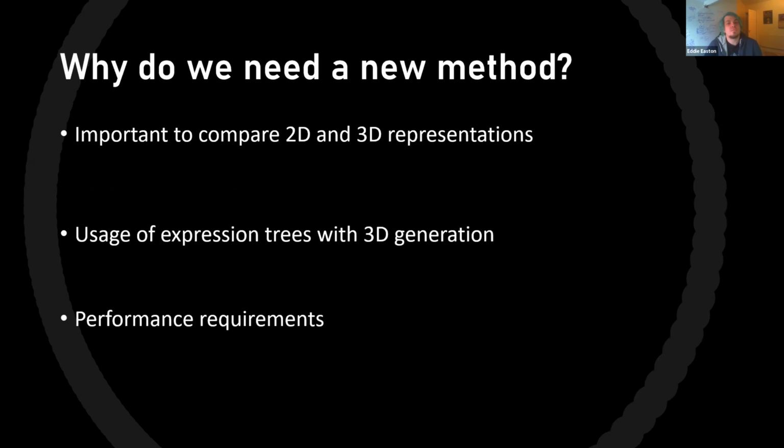So the question might be raised: why would we need a new method to be created? In the project that's currently being run, the idea was that the existing systems were not entirely appropriate. One thing deemed important was the ability to create 3D items and then compare them to 2D representations, and this is introduced into the process here today.